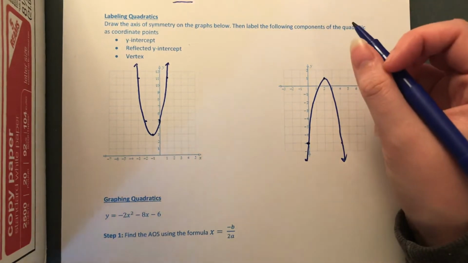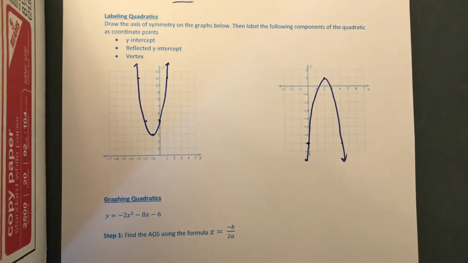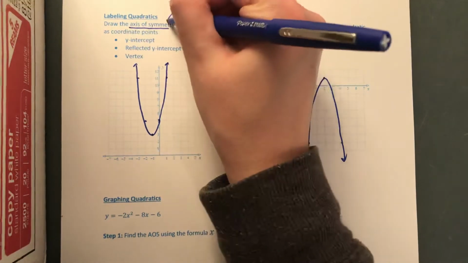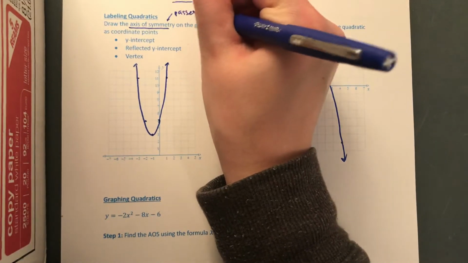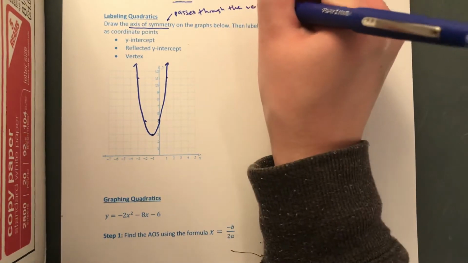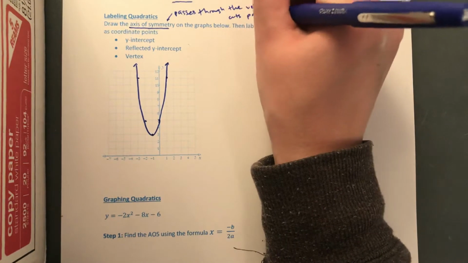So it's asking us to draw the axis of symmetry. Remember, the axis of symmetry is a line through which your parabola is mirrored. And that always passes through the vertex. So don't forget your axis of symmetry. This passes through the vertex, and it cuts your parabola in half.